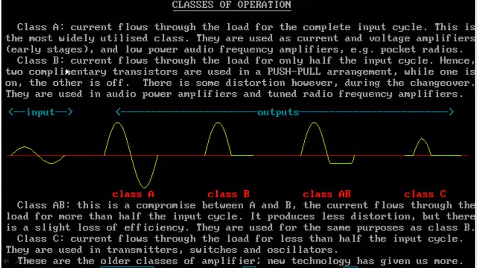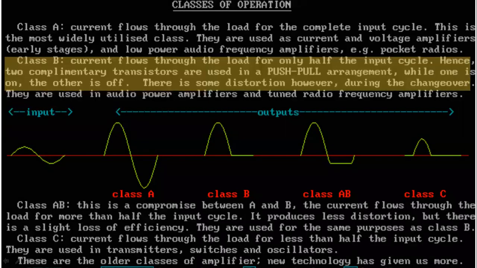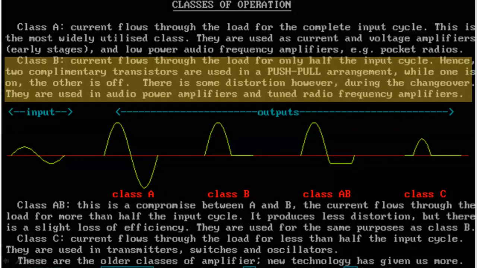There's another version we call class B amplifiers. As I mentioned previously, in a class B amplifier, current flows to the load for only half the input cycle. 50% you are feeding to the load. The rest of the signal you are not feeding to the amplifier or the transistor.